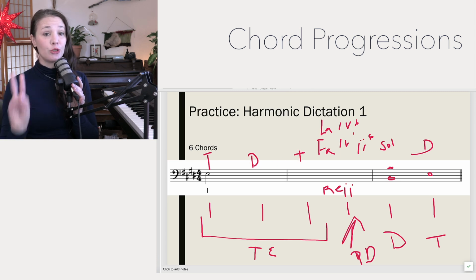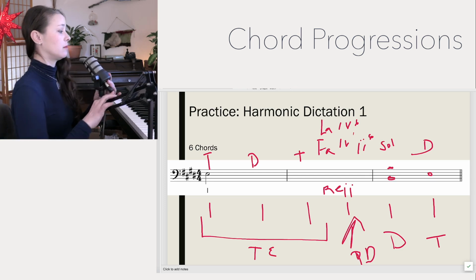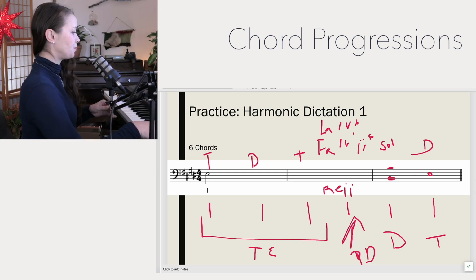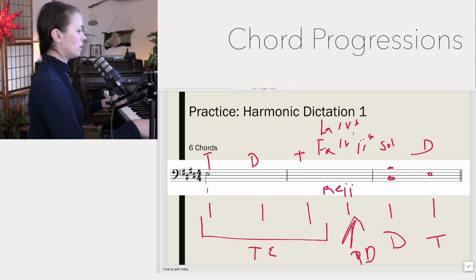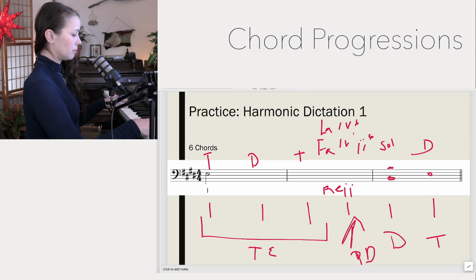Okay, let's do 2 listenings for the bass. I'm going to drop it down the octave. Okay, second listening.